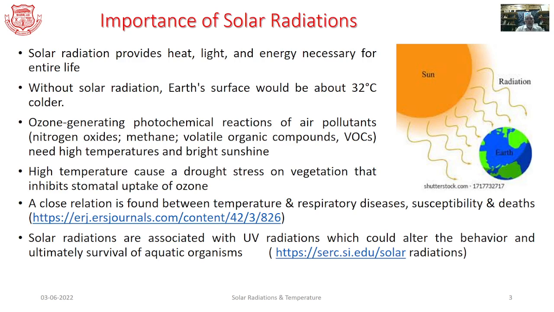We know that the solar radiations provide heat, light, as well as energy necessary for the entire life that is existing on the earth. If the solar radiations were not there, the earth's surface would have been about 32 degrees centigrade colder than what it is in the presence of the solar radiations.